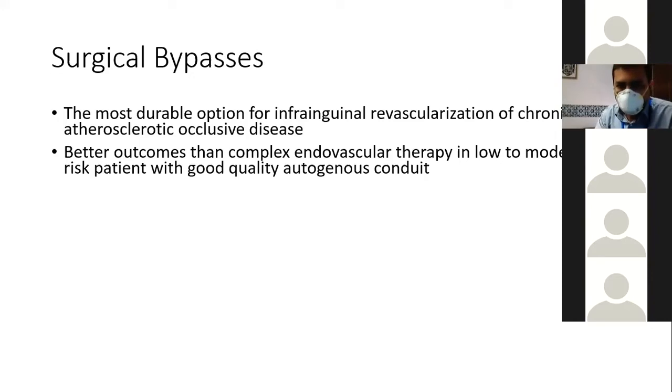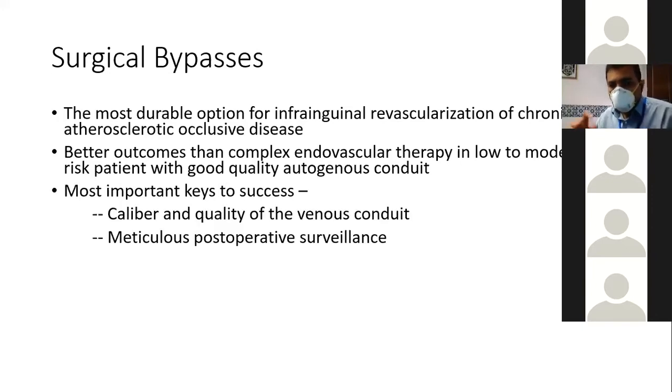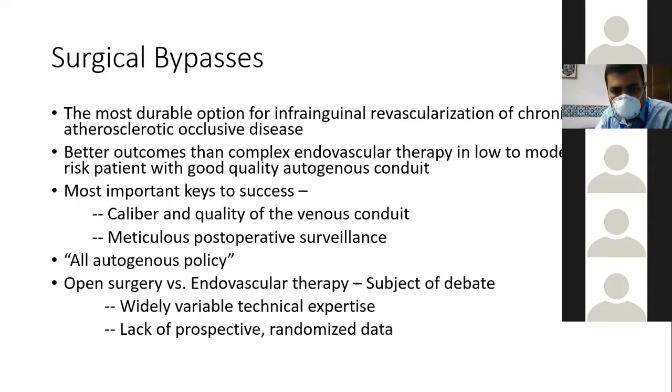Although bypasses are durable, with better outcomes than complex endovascular treatment and good quality, the success of the surgical bypass depends on the venous conduit and meticulous post-operative surveillance. Probably the autogenous vein, whenever the vein is available, is used. There is a discussion which we are having on open and endovascular.